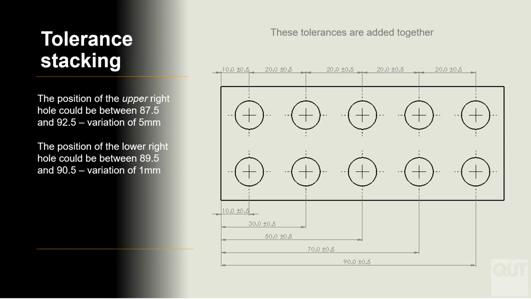If all the holes at the top were on the minimum tolerance, we would have a situation where the top right hand hole would be 87.5 millimeters. So we have a variation of 5 millimeters between the maximum and the minimum possible conditions. With the holes on the bottom, though, the bottom right hand hole will only ever have a variation of 0.5 millimeter, so it will only vary between 89.5 and 90.5.